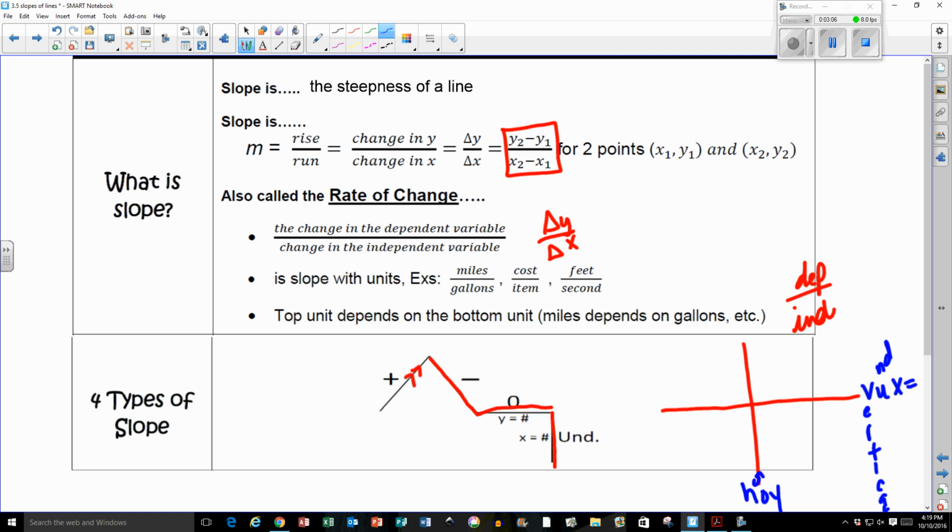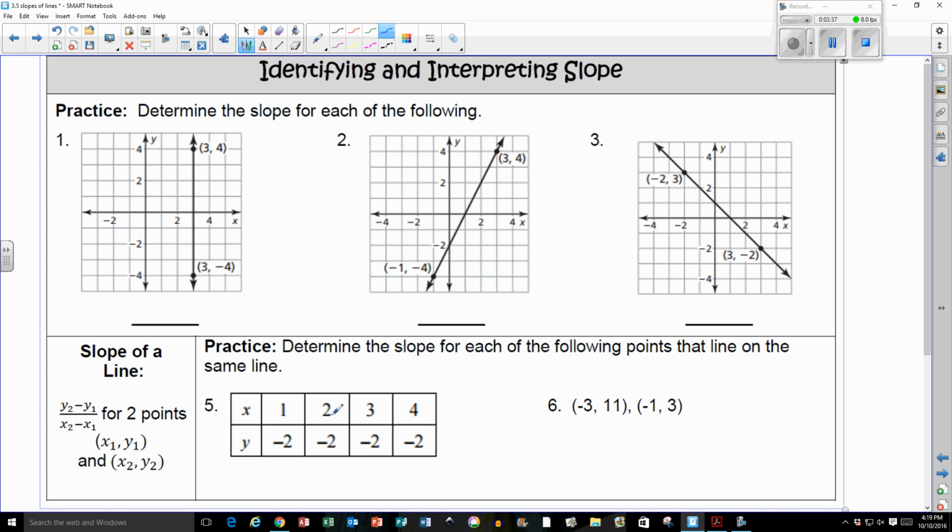When you have a horizontal line, the slope is 0 and the equation is y equals. It's a way to remember which one goes with which. So vertical is undefined and x equals some number. Horizontal is y equals and the slope is 0. So vux hoi. All right.